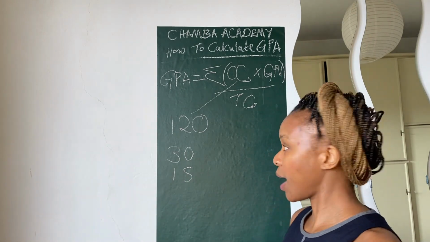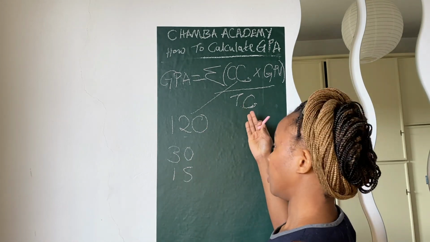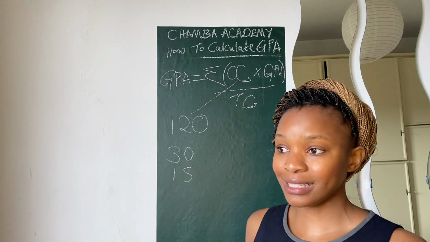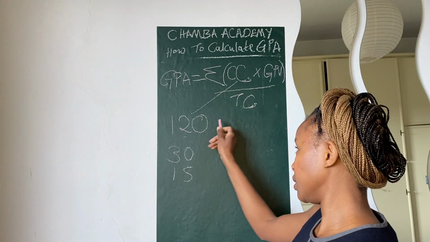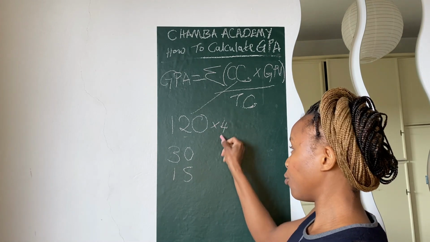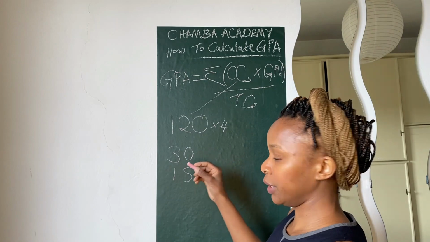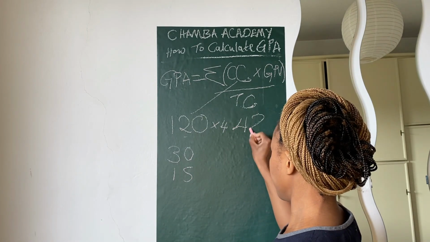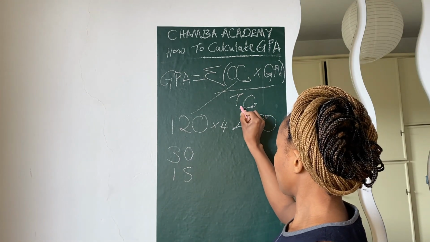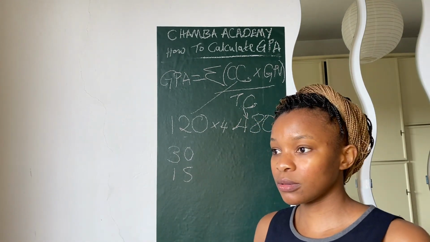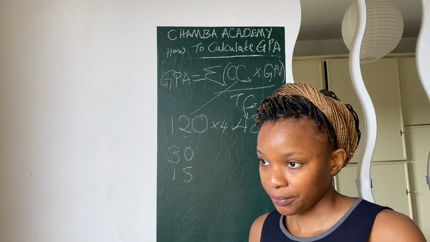And then we also have the total credits for the entire study period. So if you have 120 for each year, meaning if we multiply this by 4 years for your degree, then that means that you should accumulate about 480 as a total for all the courses, meaning the courses are valued at 480 credits.